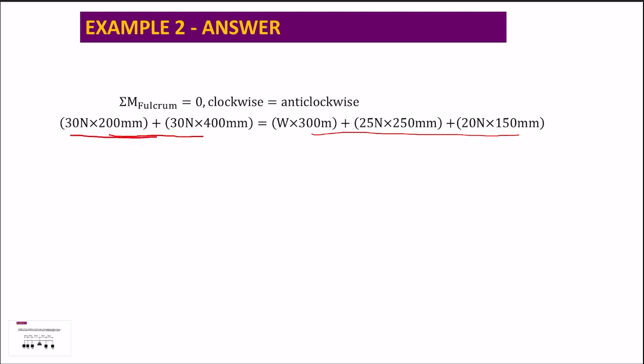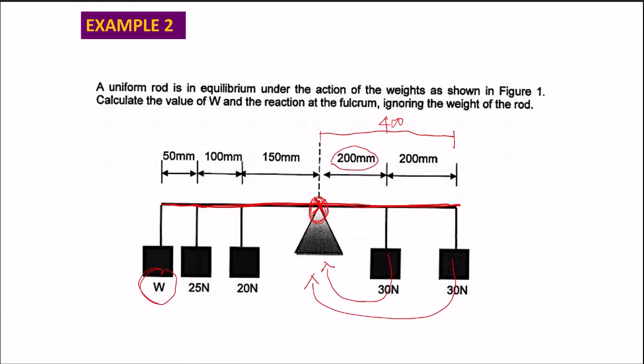Okay, so inilah dia. For the anti-clockwise moment, we have the W that we're going to find kat sini, the W here. So dia nak ke fulcrum, it will be anti-clockwise moment, which means that the distance is going to be 300. Therefore, W darab dengan 300 mm.